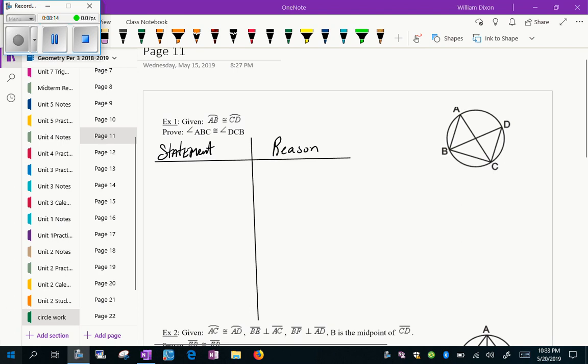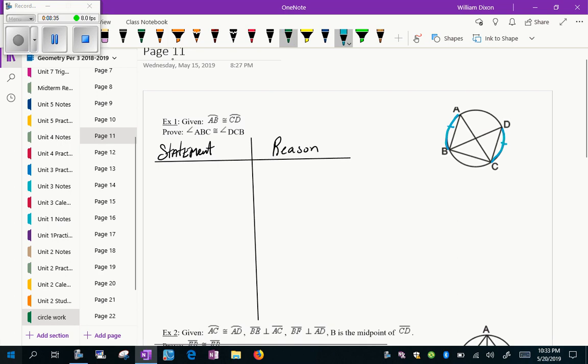So the first thing we're going to do is mark that arc AB is congruent to arc CD. So those two are congruent. Now, something that's important is that since those arcs are congruent, their chords are congruent. We just learned that.